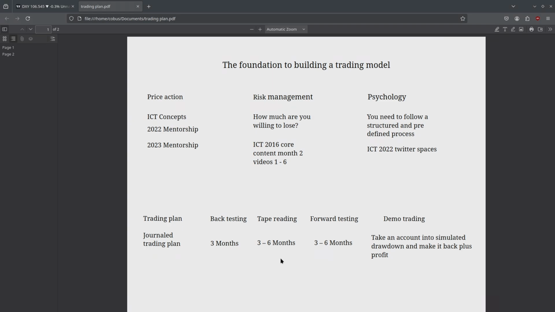You're going to see how many times does it play out on a live market. And you're going to do that for 3 to 6 months. Okay. If you do it for 5 months and you feel comfortable, or for 4 months and you feel comfortable, then you move on to forward testing.